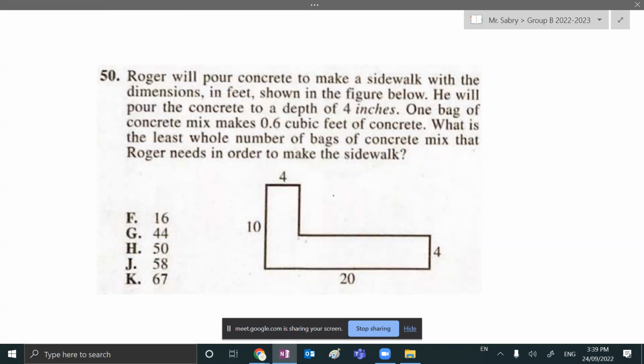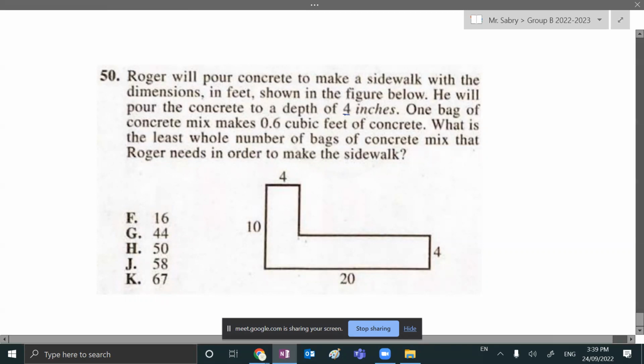But then this will have a thickness of 4 inches, which means it's like a bit thicker than you think. It's a 3D shape. And that thickness will be 4 inches.